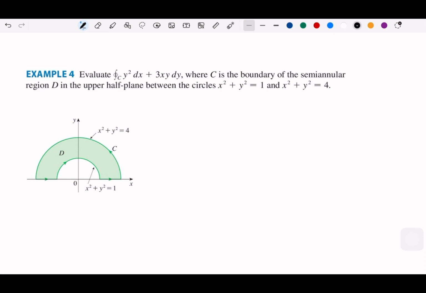So based on the picture, if we are not getting the corrections from Green's theorem, maybe we are having difficulty defining the circles. But we can divide the y-axis, becoming this region here.